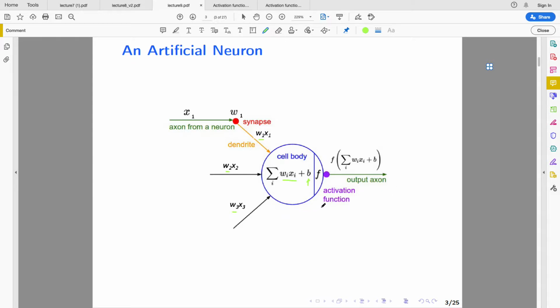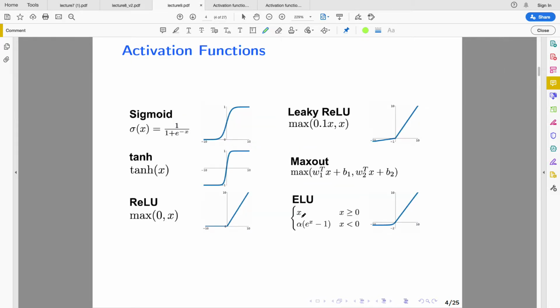So this function through which we pass this expression is referred to as the activation function, and there are various varieties of activation functions. So let's look at them in detail. These are examples of activation functions.